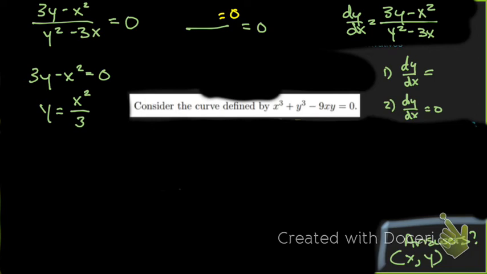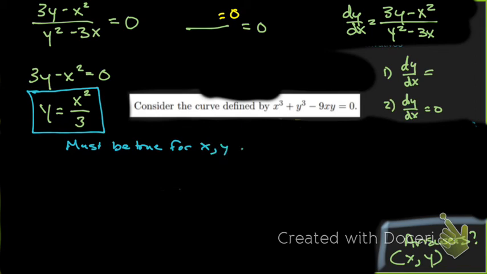Because at this point in time, we know that this has to be true about x and y. So for x and y to make dy dx equal 0, are there any other relationships that have to be true for x and y?